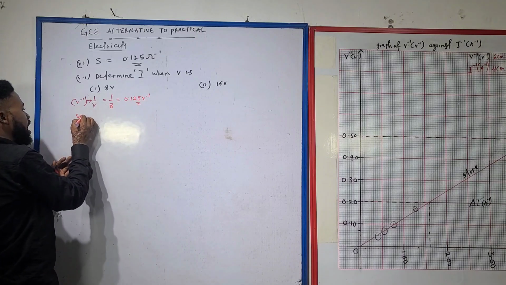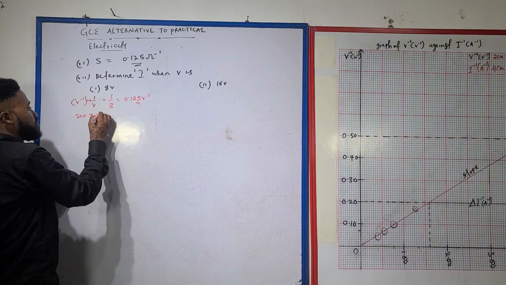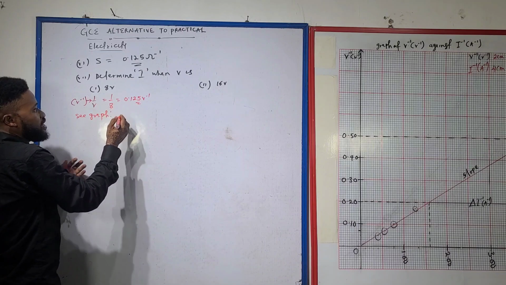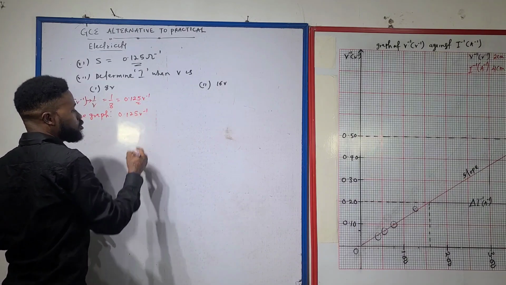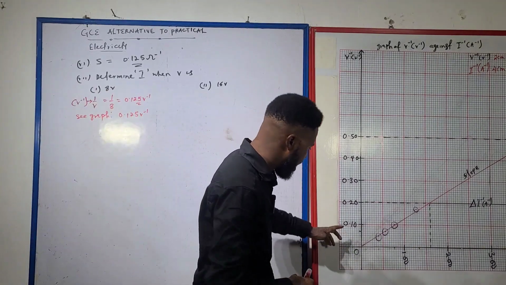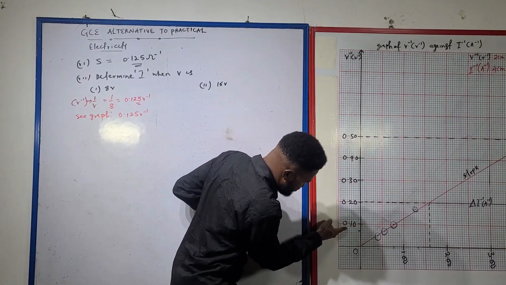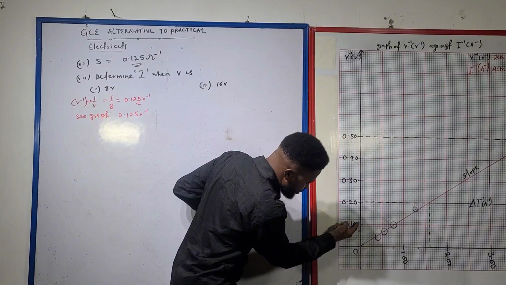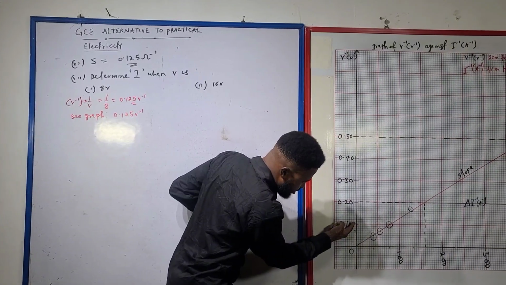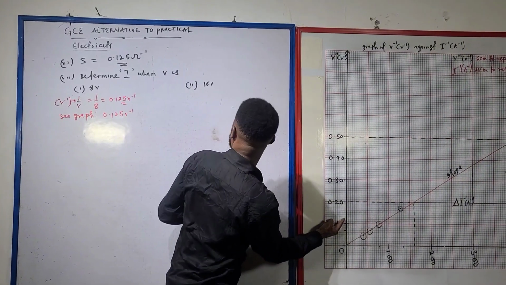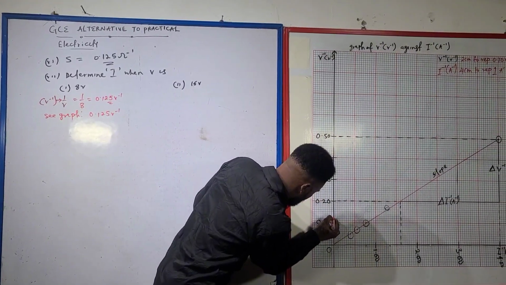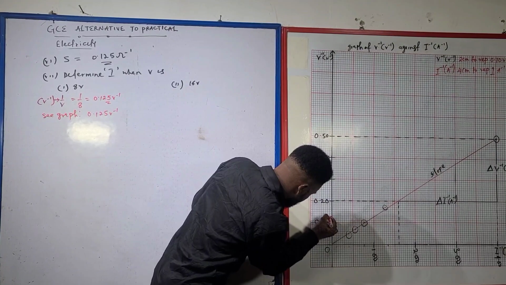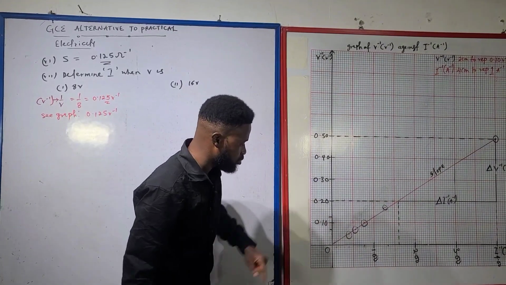So we then see our graph and try to locate that on our graph. 0.125 per volt corresponds to what? Let's try to look at that. This is 0.10, 0.11, 0.12, 0.125 should be somewhere here.